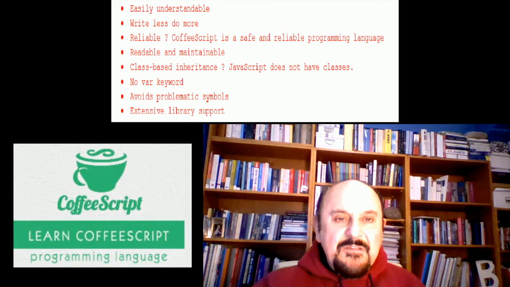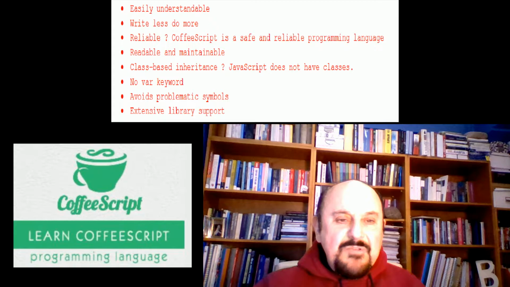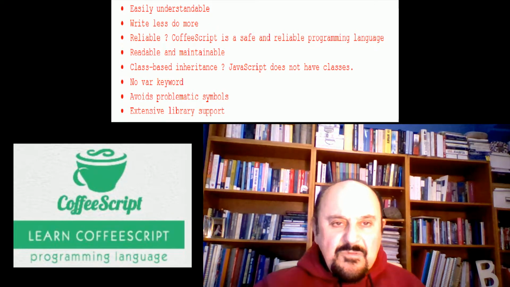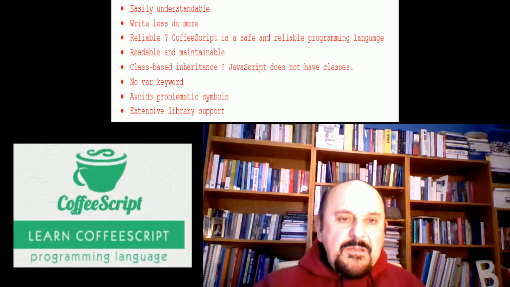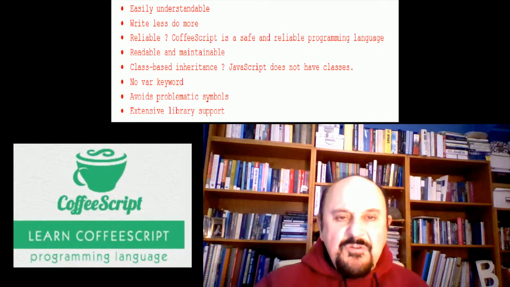We can say that CoffeeScript is understandable with its syntax, and by means of CoffeeScript we write less code, but we do much more. And is it reliable? Sure, it's a reliable and safe programming language. It's easily readable and maintainable without screwing up any other parts of your code.